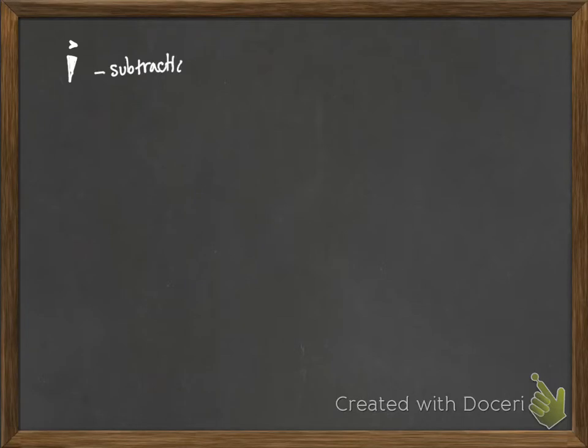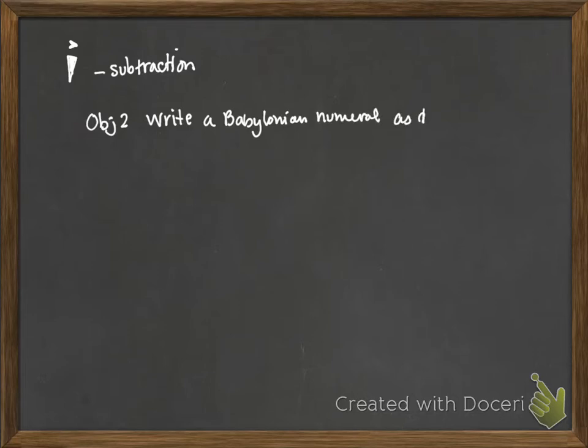So if you see that written in their numerals, it means to subtract. So let's go ahead and move on to the next objective, which is to write a Babylonian numeral as a Hindu Arabic numeral.